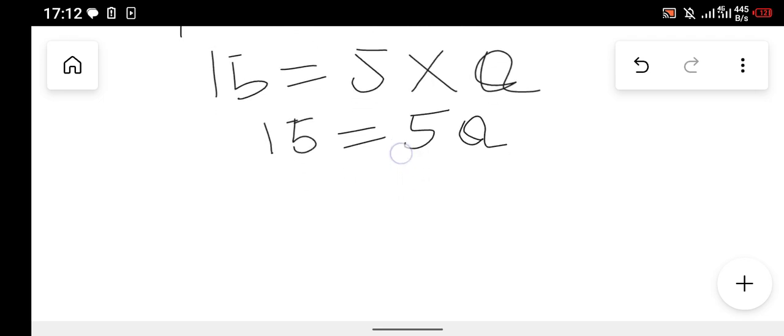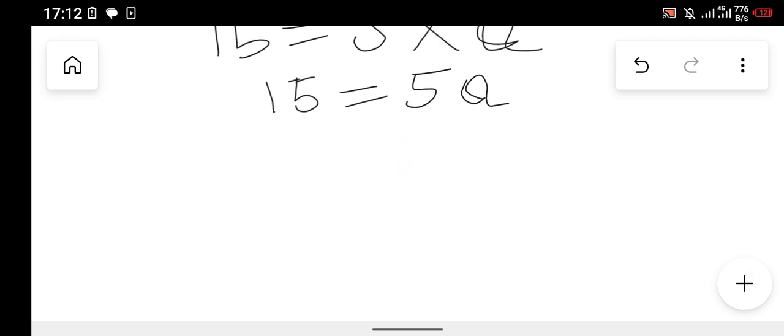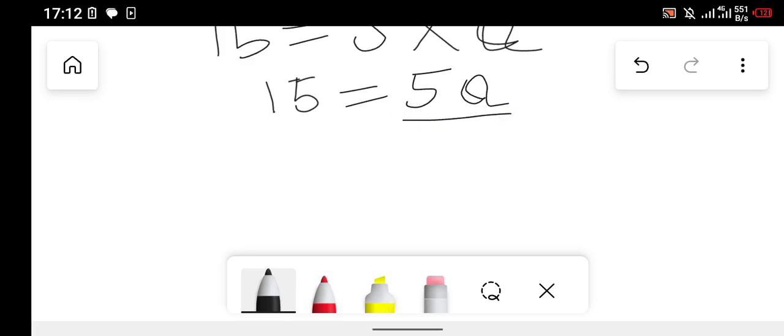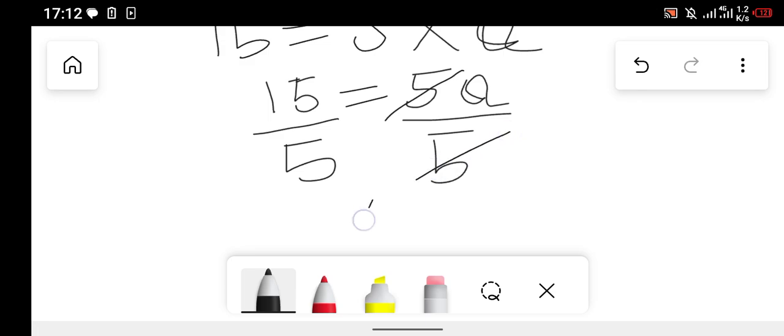Okay, so continue solving there. You can divide by 5 on both sides so that we remain with A on the other side. That one will cancel that one, that one also cancels that one. We want to remain with our A, which is acceleration, is equal to 15 divided by 5, you're going to get 3.